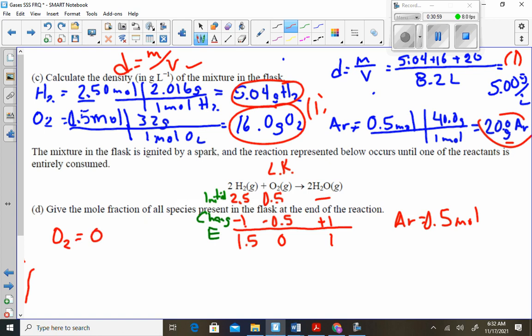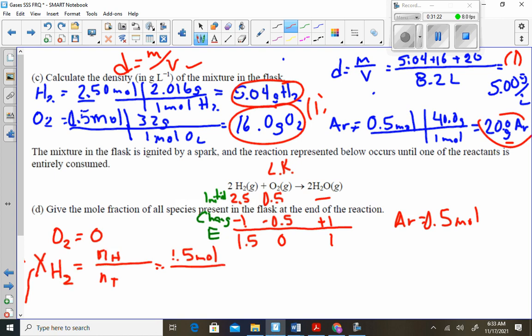And so if we look at hydrogen, if we want to find the mole fraction of hydrogen, we need the number of moles of hydrogen divided by the total moles. And so hydrogen, we have 1.5 moles left.